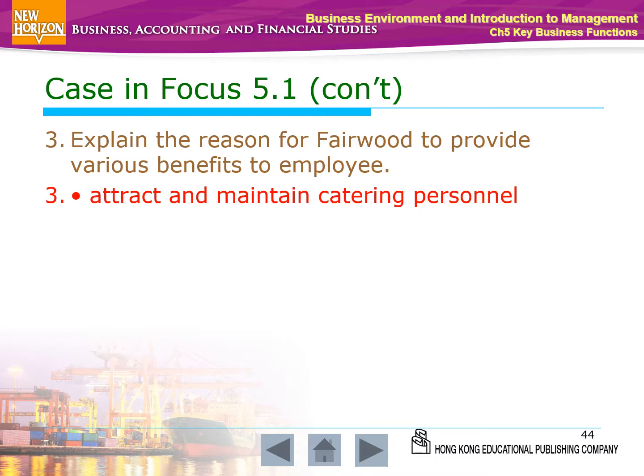Maintain means to keep catering personnel and to reduce the turnover rate. Number two, to motivate existing staff. If employees are given a lot of benefits for providing extra work or fulfilling their task, they will be motivated to do much more for the business.